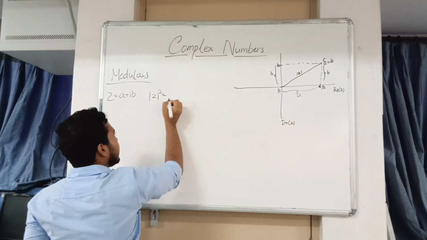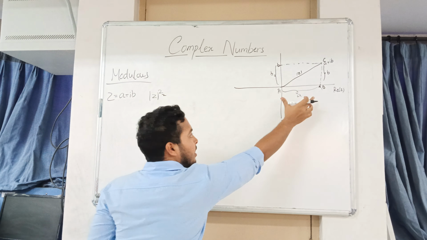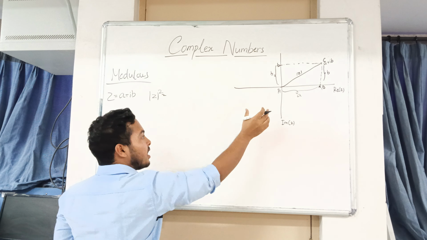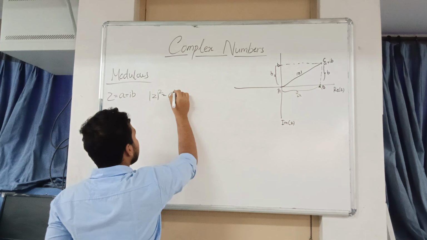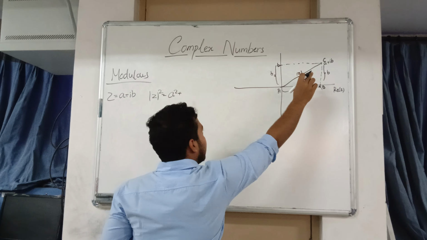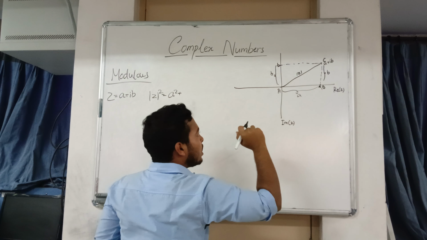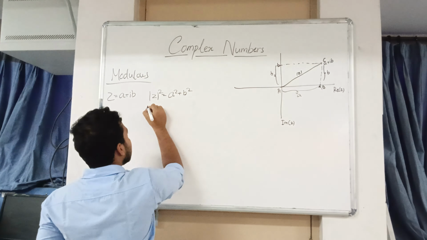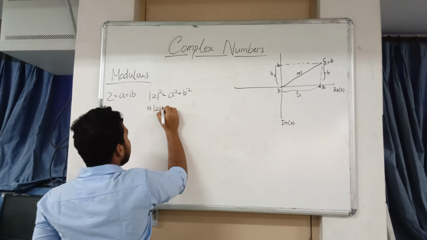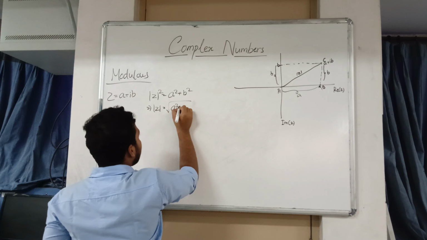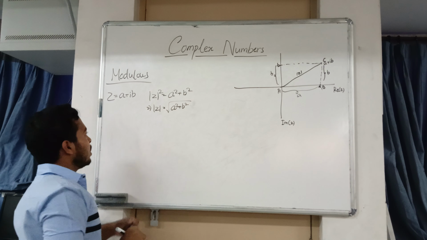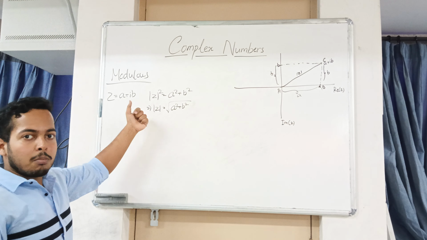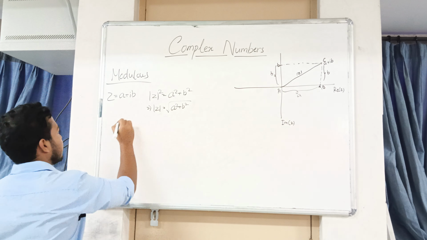So mod z squared is equal to base squared, that is AB squared, and AB is a units, so a squared, plus the perpendicular squared, that is b squared. So this implies mod z is equal to the square root of a squared plus b squared. So this is how you can calculate the modulus of any complex number.